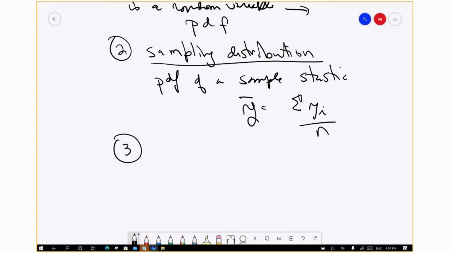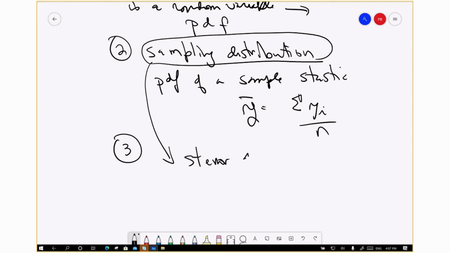And as such, it's going to have a standard deviation. And we've got a special term that applies to the standard deviation of a sampling distribution. And that special term is, in the case where we're trying to draw inferences about the mean, the standard error of the mean, or just the standard error.